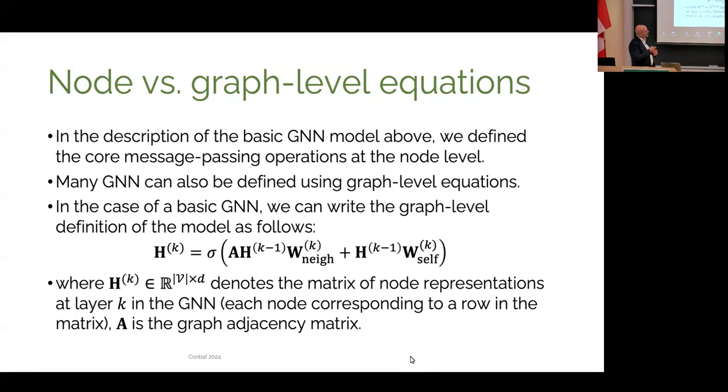This might be useful on one side because we have a very structured computational kernel, so this will perform very well on some specific hardware. On the other hand, this might be a little bit daunting in case I have a very large graph, because this means that I should store all the graph together, and this is not always convenient.